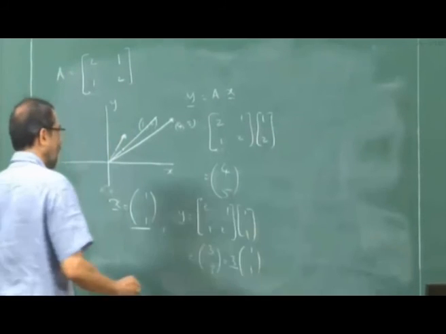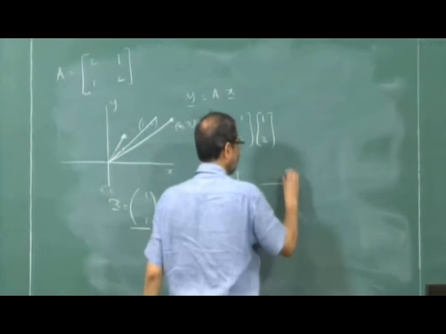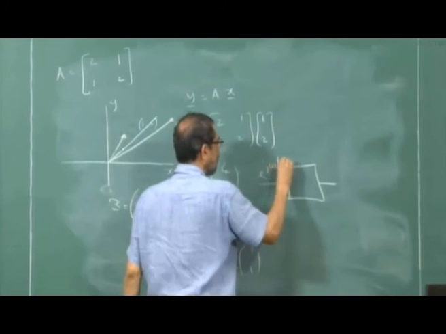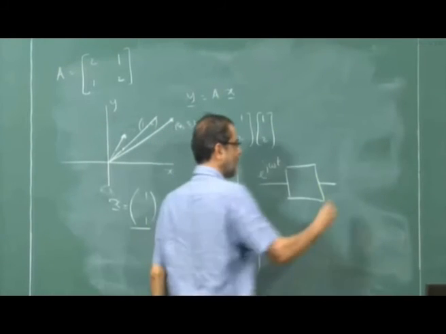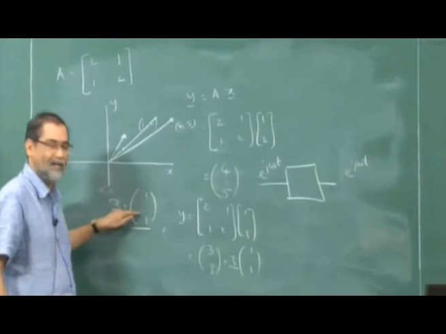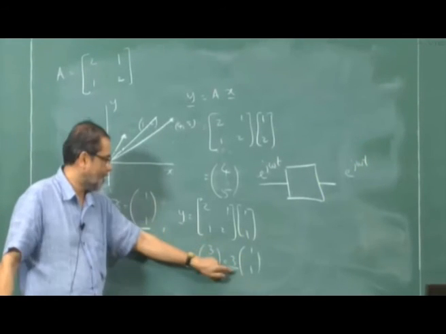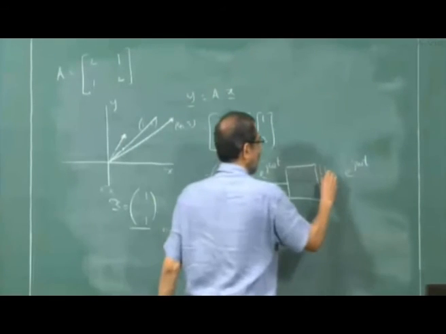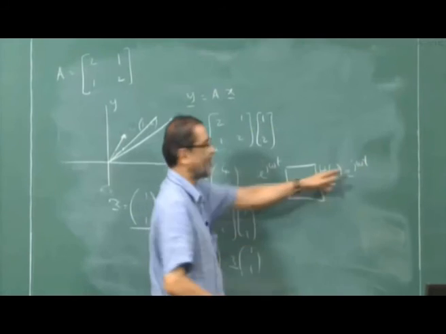Identically, for an LTI system, if I input e raised to j omega t, I get the same function at the output. If I multiply 1 1, I get 1 1 at the output with some scaling factor. This is some scaling factor. Same result happens here.